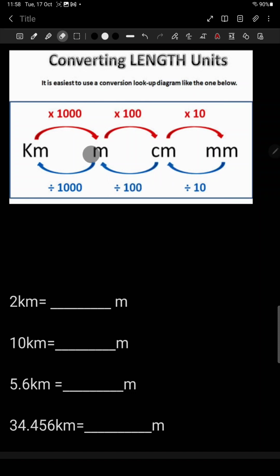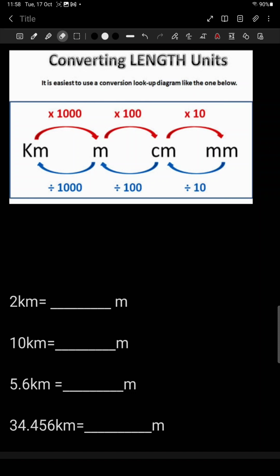From centimeter to meter, we divide by 100, and from meter to kilometer, the number will be divided by 1000. We will also discuss how to move from kilometer directly to centimeter, or from millimeter to meter, or centimeter to kilometer, how to convert all these units. In this video, we will learn all about this.